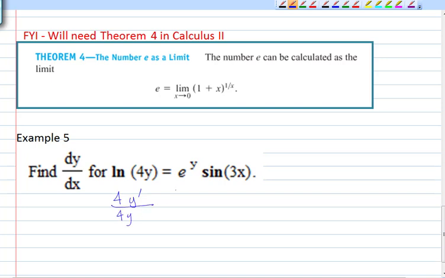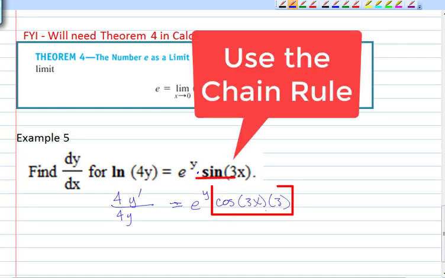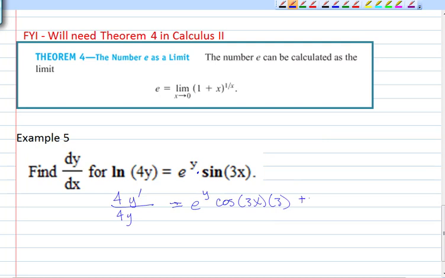Over 4y equals, when I take the derivative of the right-hand side, what kind of rule do I have to use? Product rule, along with a chain rule and implicit differentiation. So this is going to be the first times the derivative of the second. You all okay with that? That seems easy now, doesn't it? First times the derivative of the second plus the second times the derivative of the first.